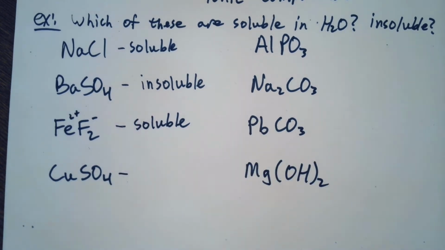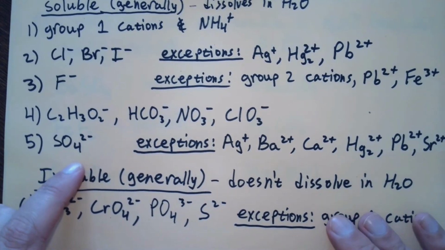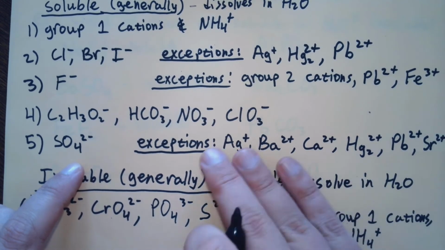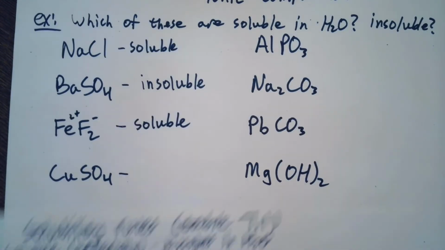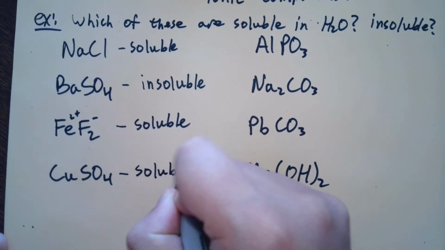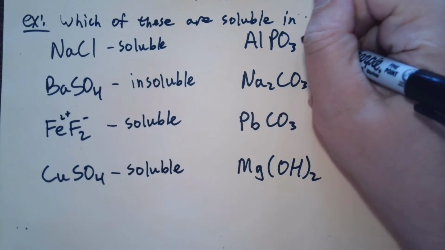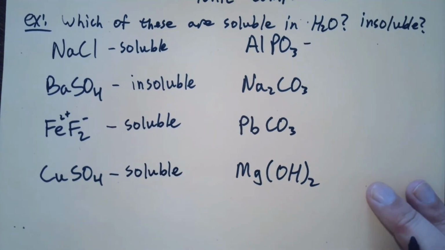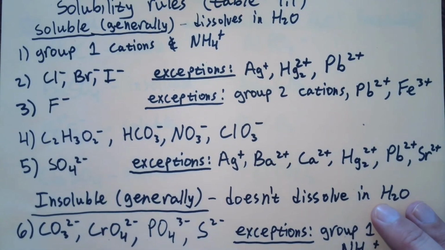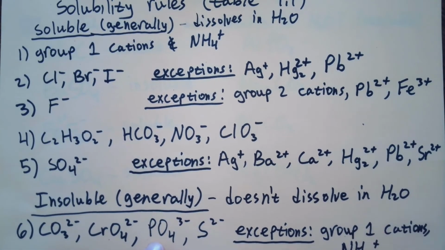Copper 2 sulfate. Sulfates are generally soluble. I don't see copper 1 or 2 in the exceptions. This is going to be soluble. Alright. Aluminum phosphate. I don't see anything about aluminum, but there's phosphates.